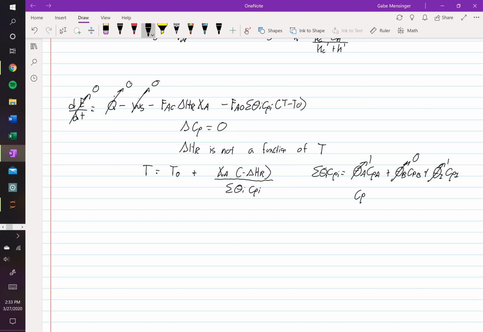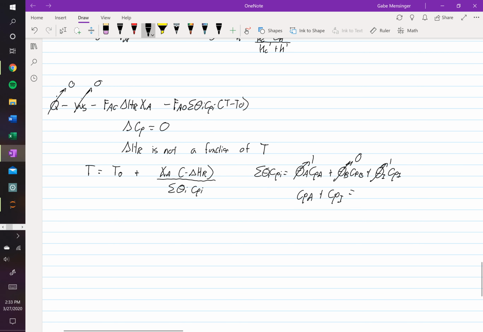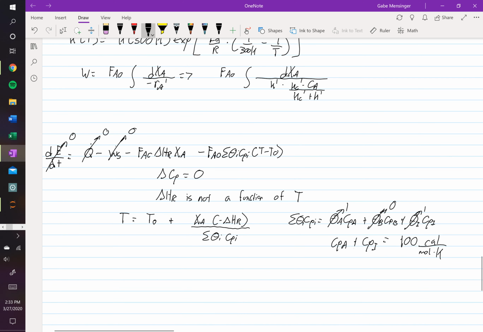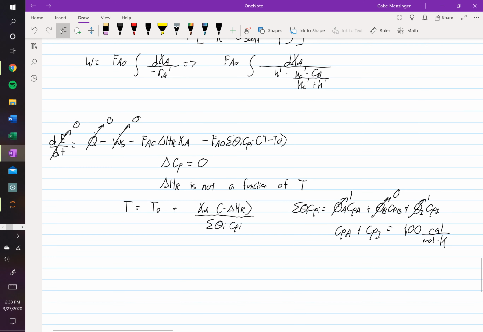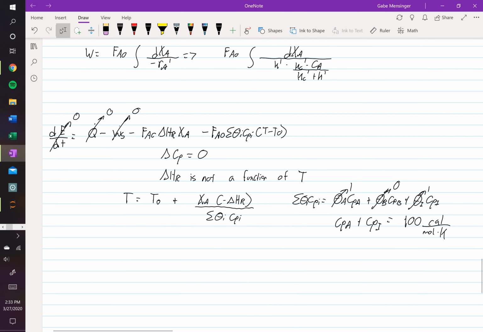So we have CPA plus CPI, which, just plugging in the numbers, CPA is 25, CPI is 75. That's going to give us 100 calories per mole Kelvin.